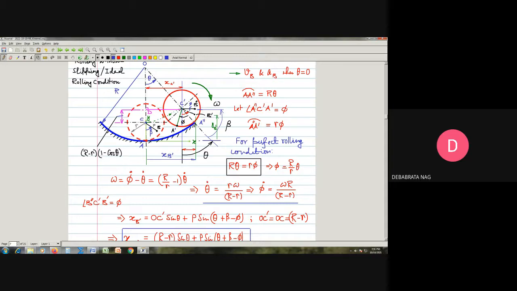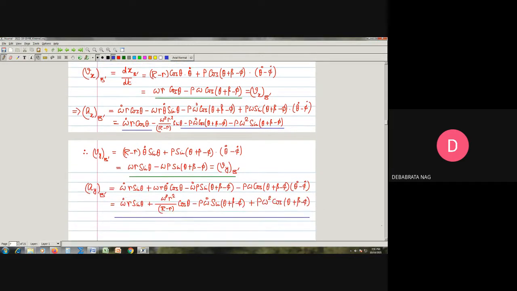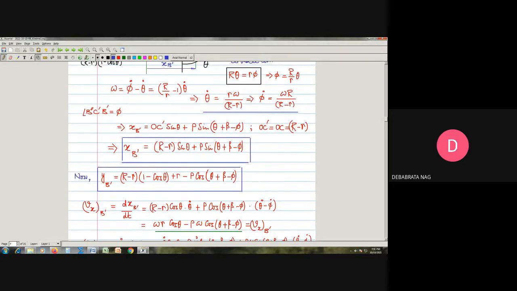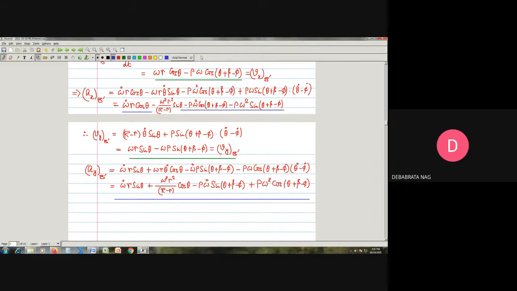So I need to bring back this geometry to this position. And how will this bringing back be done mathematically? Just by substituting theta equal to 0 in the above expressions. Need to remember that if theta is equal to 0, then by this equation, phi must also be equal to 0. So we need to put both theta and phi equal to 0 in our above expressions.